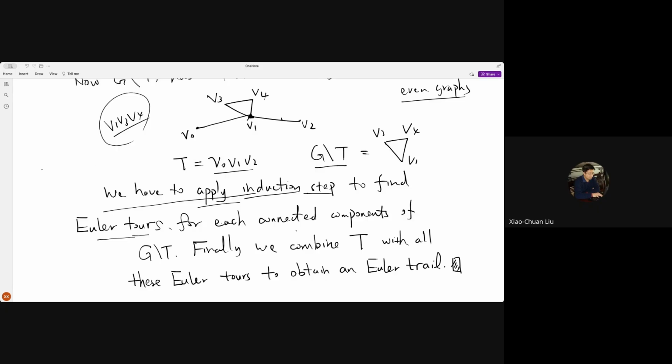Together we get an Euler trial, which starts, for example, at V0, and when you arrive at V1, you do V1, V3, V4, and back to V1. We insert this into V1 and then V2. So this is an Euler trial.